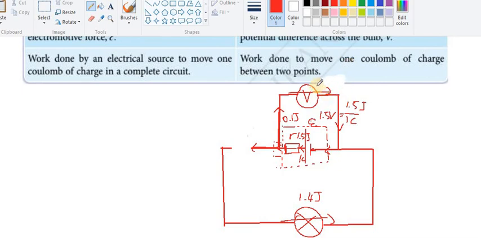However, the resistance of the voltmeter is infinitely high. Very, very high. So when the resistance of the voltmeter is very, very high, the vast majority, almost all of the 1.5 joule energy that the charge has, will go to the voltmeter.